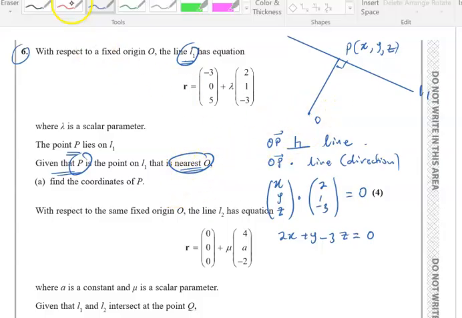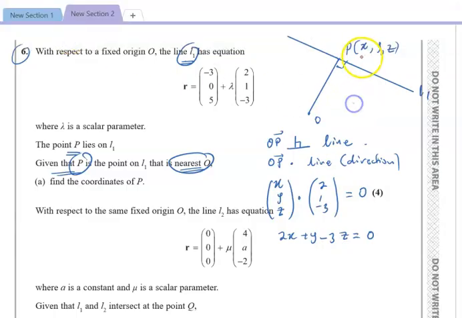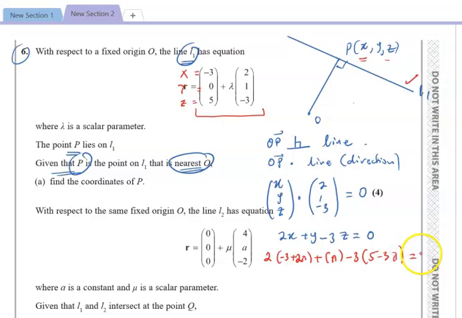But the other thing we need to remember here is that the point P is on the line. So it has to satisfy the condition that says x is equal to that, y is equal to that, and z is equal to that. That means x is 3 plus 2 lambda, y is just 0 plus lambda, and z is 5 minus 3 lambda, and this should be equal to 0.